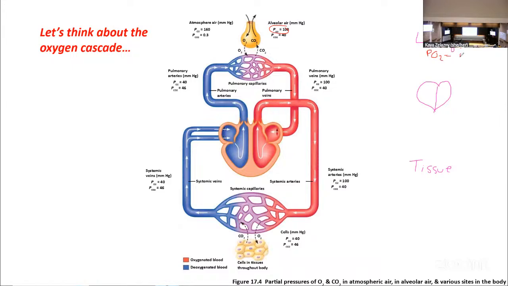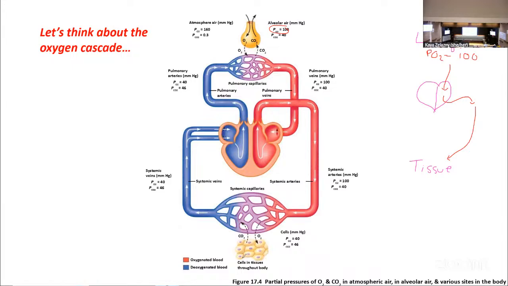Okay. That number is not going to change until we actually have gas cross into a new place, into a new cell type, right? So that blood stays at 100 in the pulmonary veins as we go to the left side of the heart, stays at 100 as we come out the aorta, stays at 100 as we approach the tissue, and then it's at that tissue where we have respiration happening.